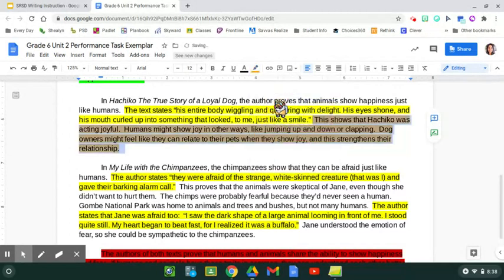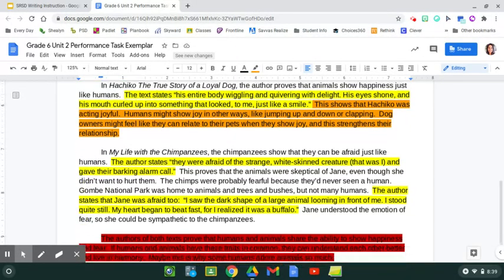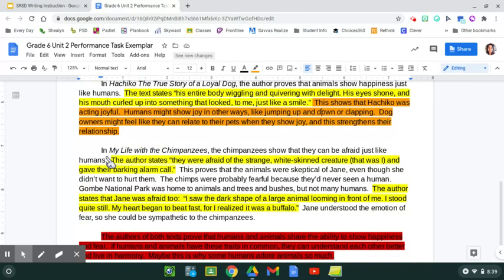And we can tell because it starts with a sentence starter that says, this shows. So this evidence is showing that Hachiko is acting joyful, and the author explains even more in the last two sentences, their own thinking.